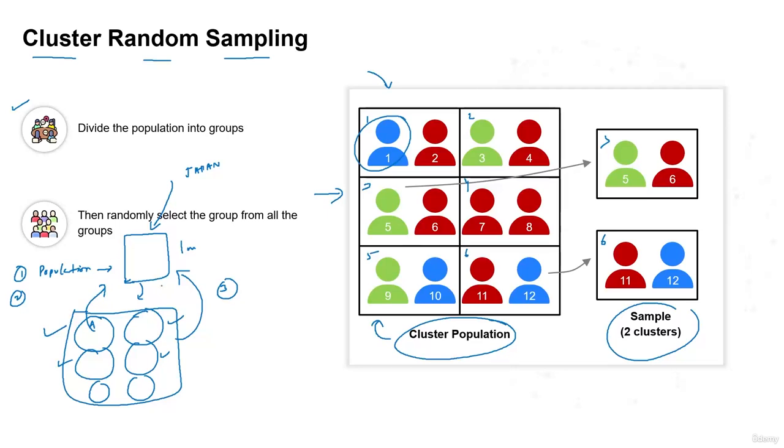Now we have to randomly select some clusters out of it. So let's say we select this cluster and this cluster, cluster 1 and cluster 4. Now these are going to be my sample clusters. Then we get started with collecting data from these sample clusters and start analyzing them.